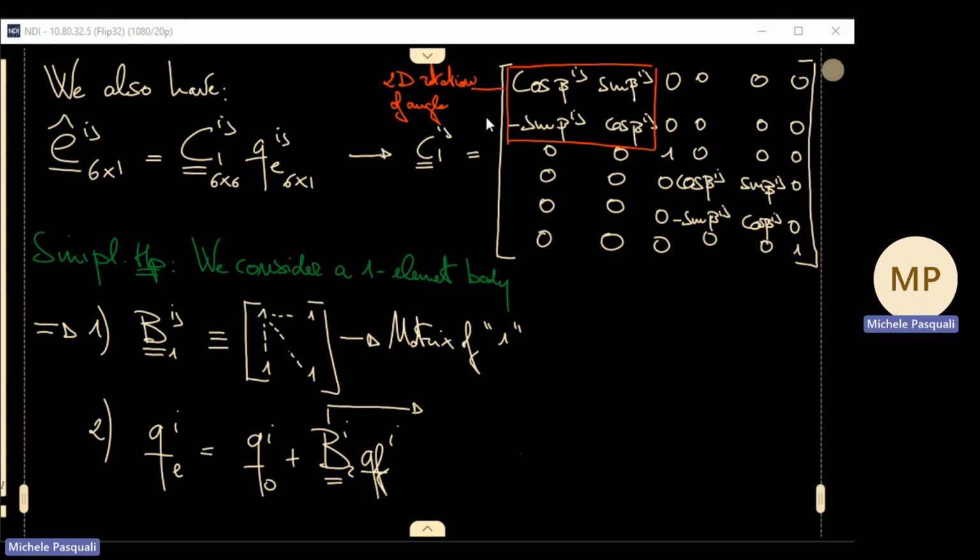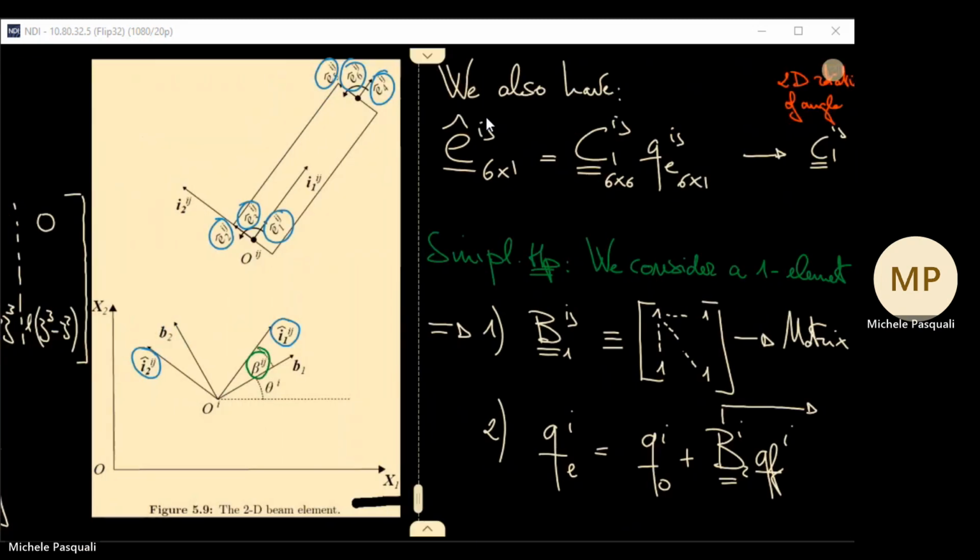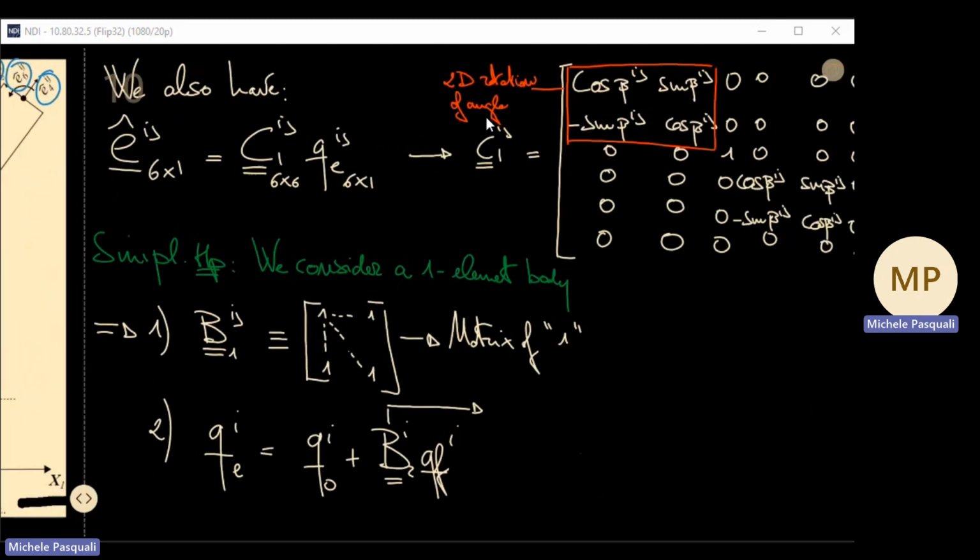If you remember, when we had the slider, the two nodes being simply supported could not undergo two transverse rotations at the ends. But in our case, if you check this, in theory they are all possible. It means that this B2 is not appearing in our formulation.